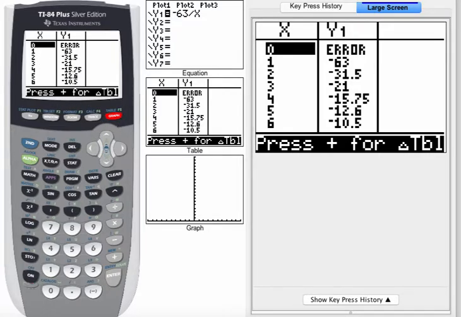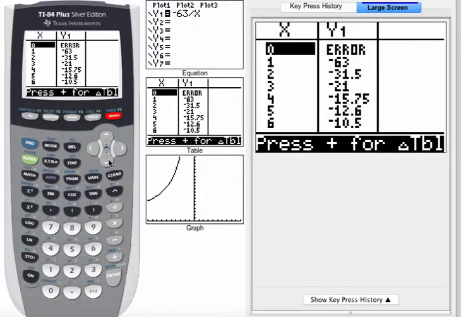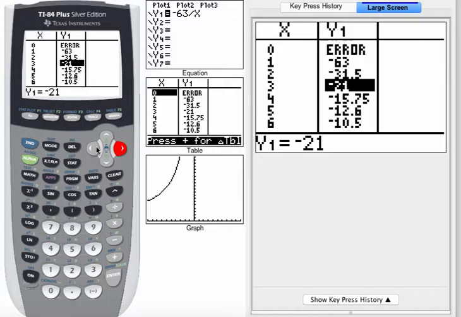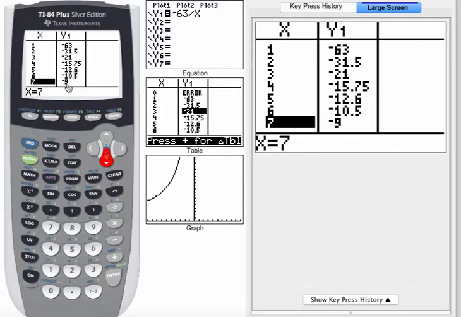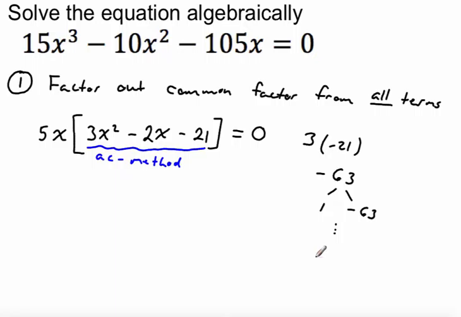So I'm looking for the pair of numbers that will give me a sum of negative 2. I'm just going to keep scrolling down. 3 and negative 21, so there's a pair. No. These ones with decimals, I'm not too interested in decimals. How about 7 and negative 9? Well, 7 and negative 9 might just do it. See, 7 minus 9 is negative 2.